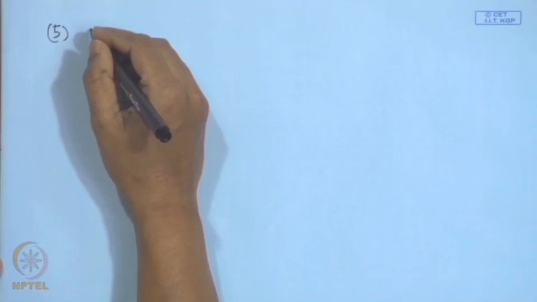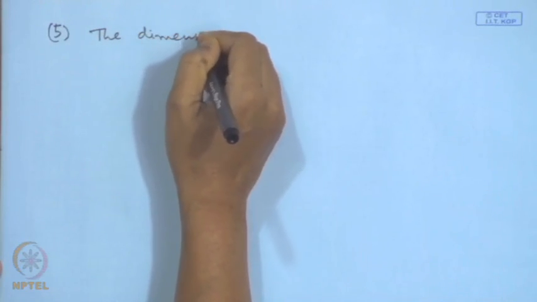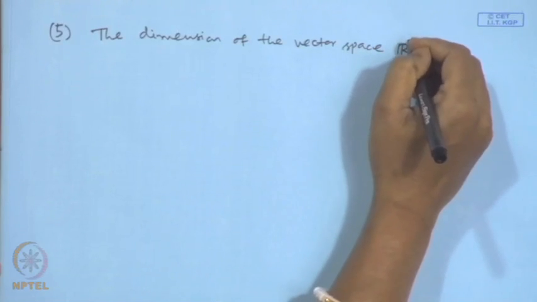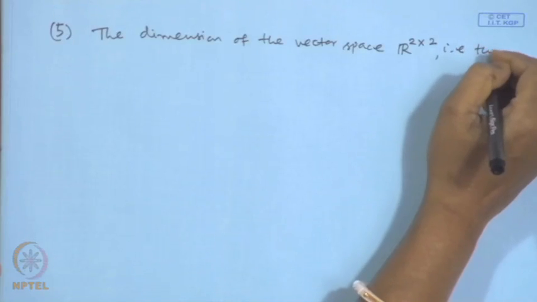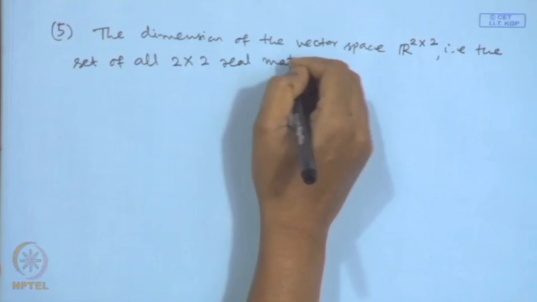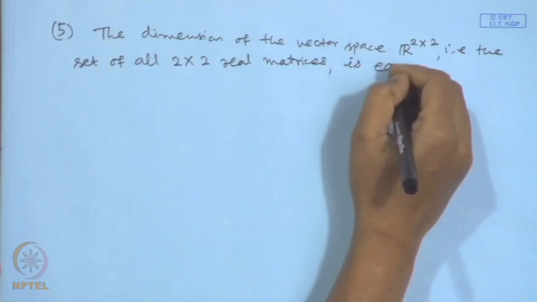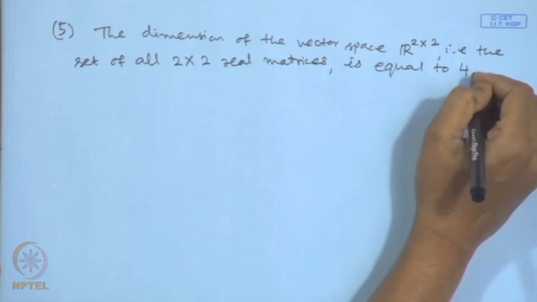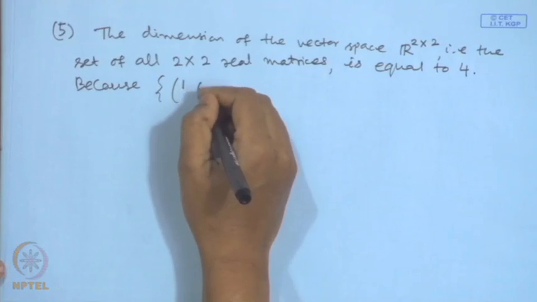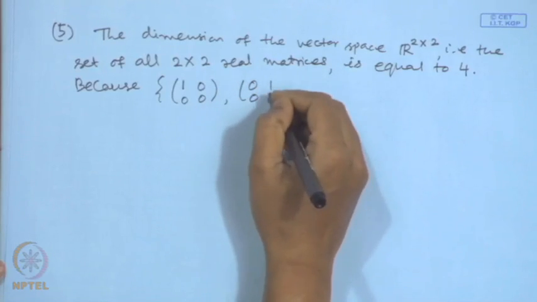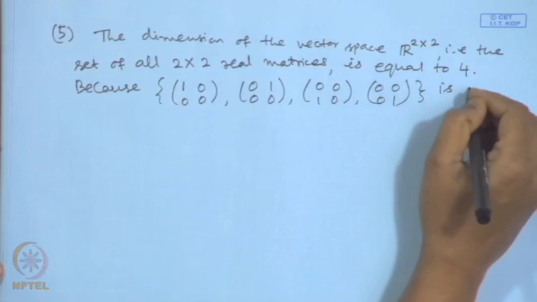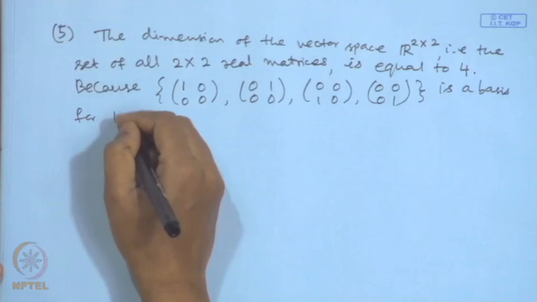Here the dimension of the vector space R 2 cross 2, the set of all 2 by 2 real matrices, is equal to 4, because the set consisting of the matrices (1 0; 0 0), (0 1; 0 0), (0 0; 1 0), (0 0; 0 1) is a basis for R 2 cross 2.